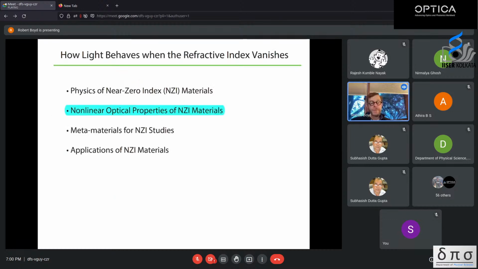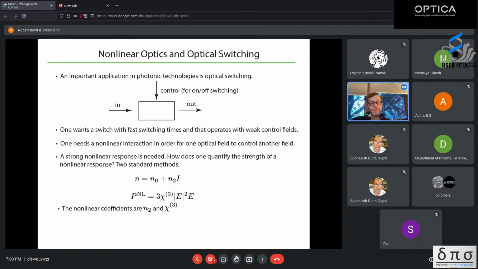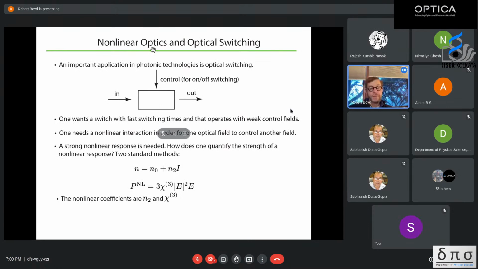Okay, so that was a rapid review of the physics of zero index materials. Let's now talk about nonlinear optical properties. And just to motivate this, this is highly schematic. One of the prime applications of nonlinear optics is optical switching, for telecommunication.